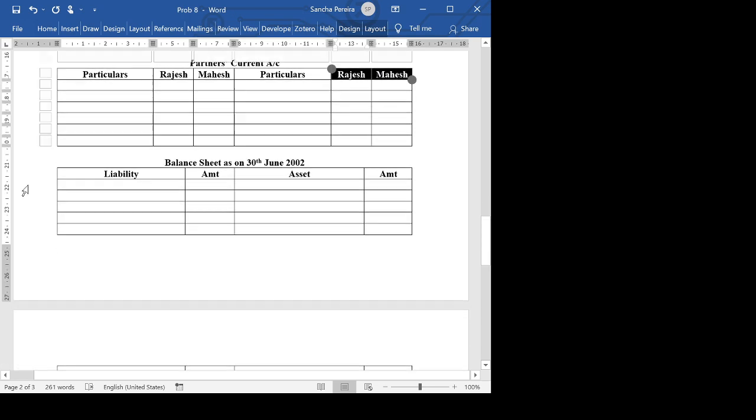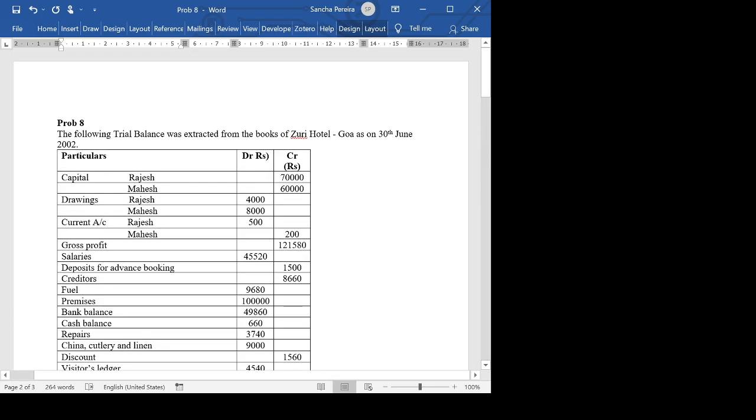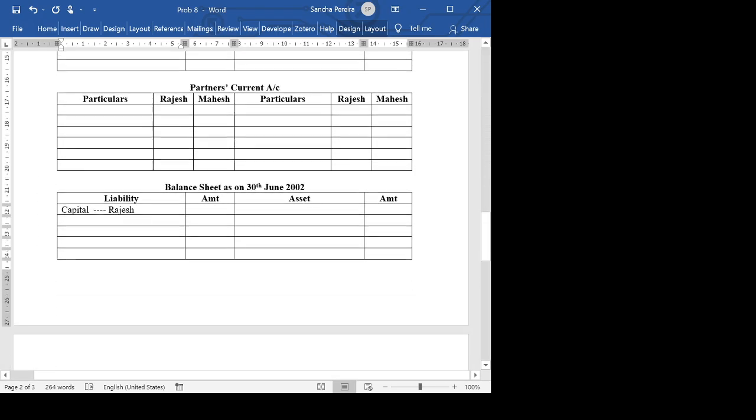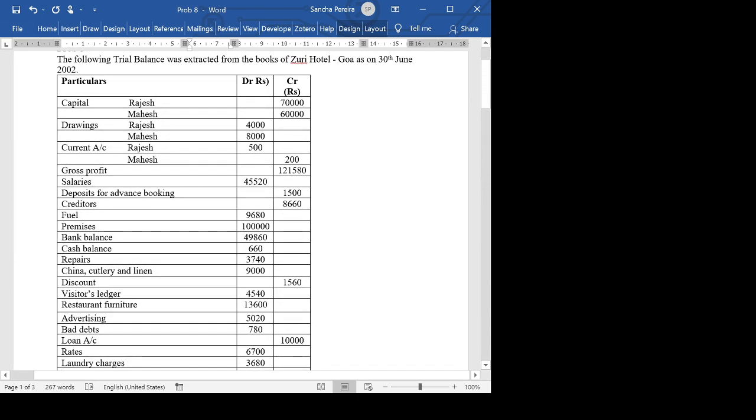So we have capitals directly in the balance sheet: Rajesh and Mahesh, $70,000 and $60,000. Then there is drawings, 4,000 and 8,000.